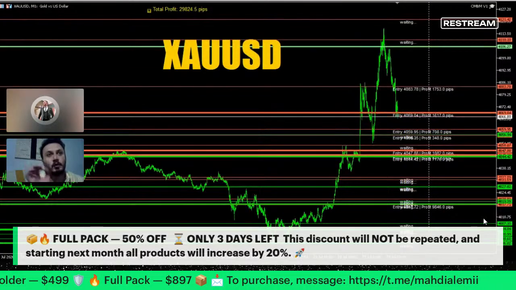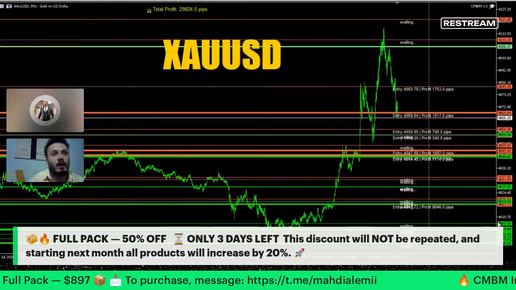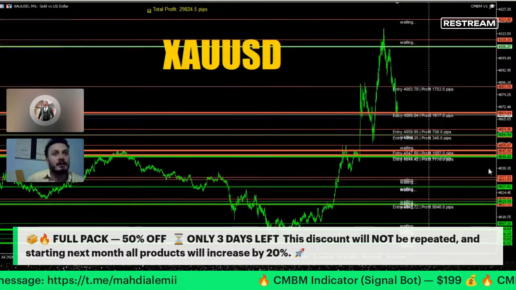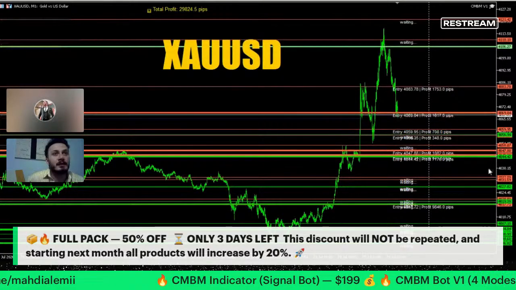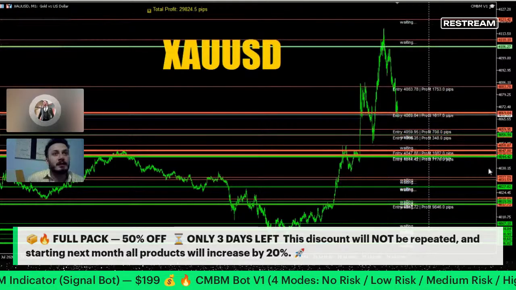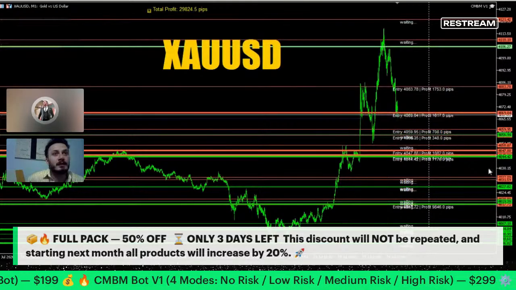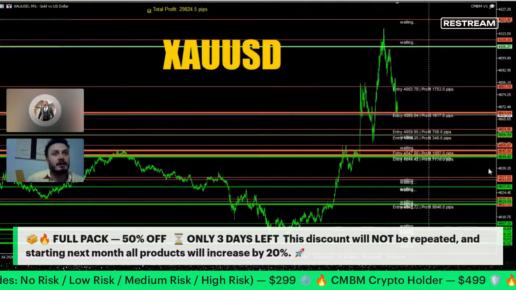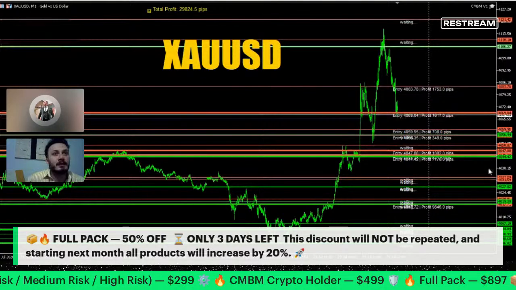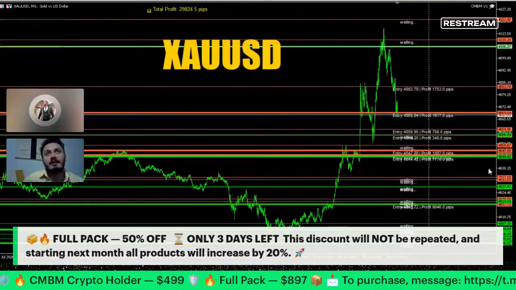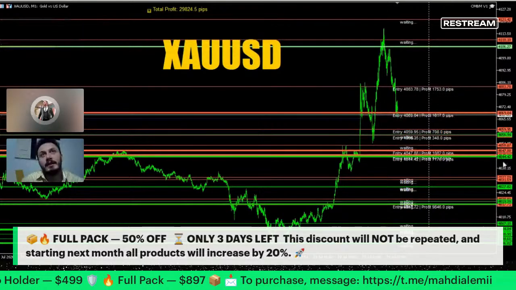So we were sure that the TP was 4045 here. So we entered the trade here. It went to a $10 drawdown from here, then went up, hit the TP and went much higher. And after, the CMBM bot gave us 41.